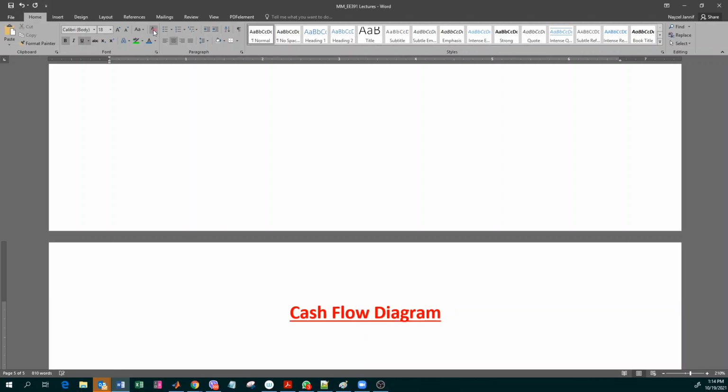All right, cash flow diagram. Now, a cash flow diagram is a diagram which is used to show when money is received or when money is going out. All right. So I'll try my best here to show you some cash flow diagrams. Okay.